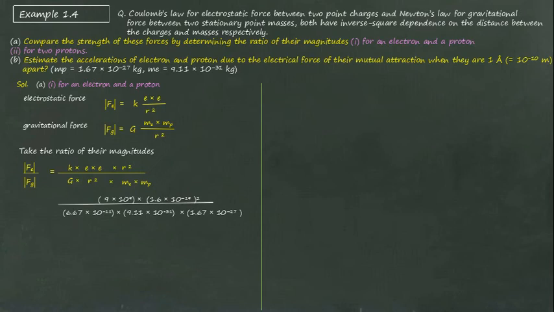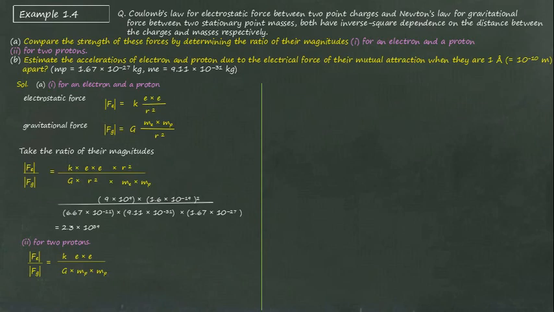Here R square cut out and take all the values. K is equal to 9 into 10 raised to 9. E is equal to 1.6 into 10 raised to minus 19. G is equal to 6.67 into 10 raised to minus 11. me is 9.11 into 10 raised to minus 31 and mp is 1.67 into 10 raised to minus 27. For two protons, same method, Fe upon Fg.